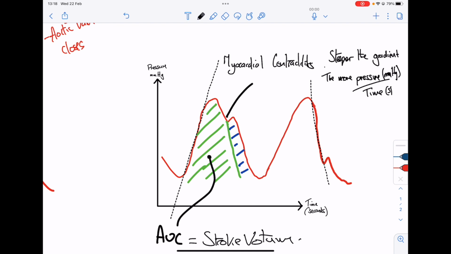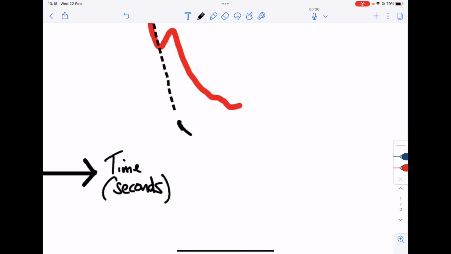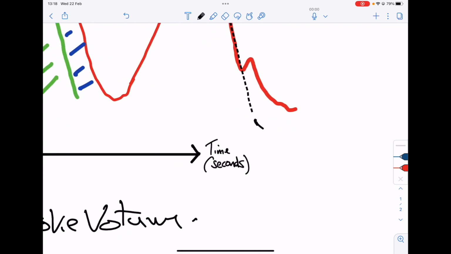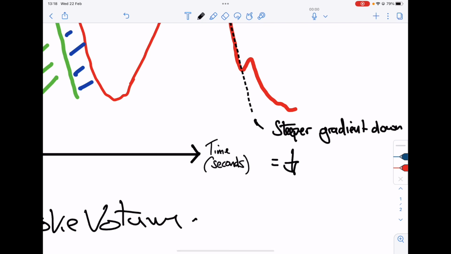Perhaps a bit less clearly is this one, and this is to do with perhaps the flaccidity of your arterial vasculature. So a steeper gradient here down, if we imagine up and down, it lends itself towards a lower SVR.